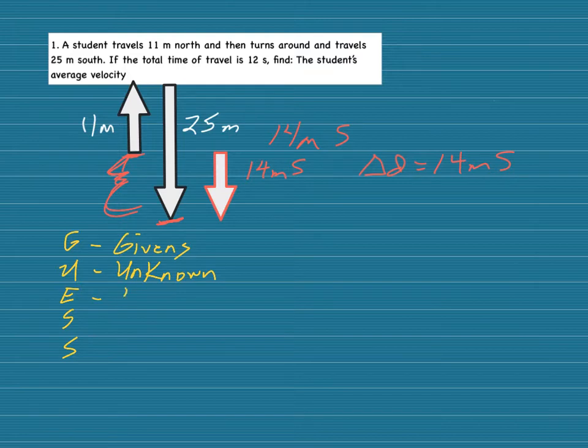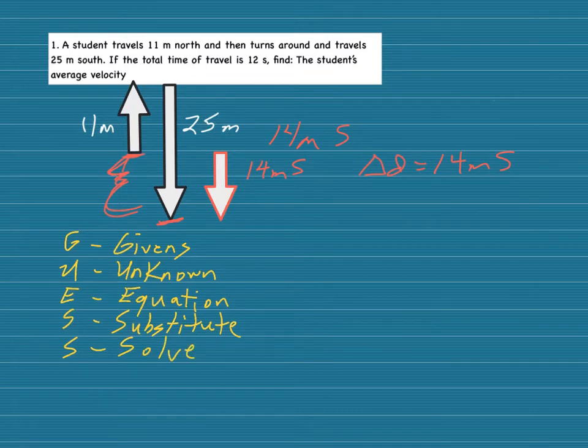E stands for equation. Write down the equation we're going to use, because in this unit we're going to use about 5 different equations to explain motion. The first S is substitute. And the last S is solve. I would suggest that you use this method to solve these problems so you won't make mistakes.